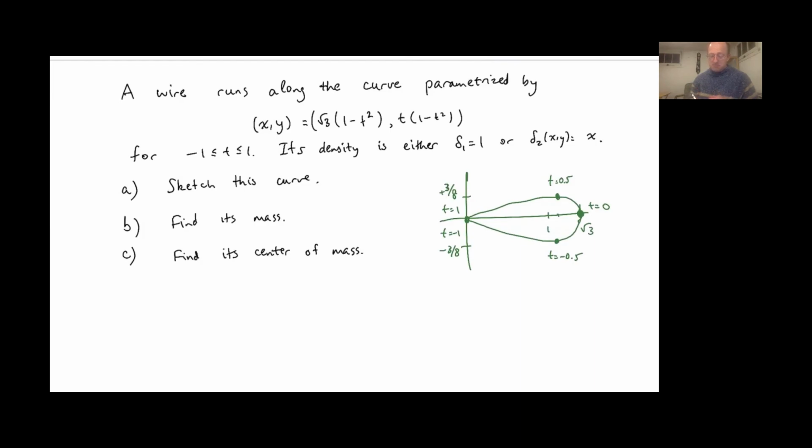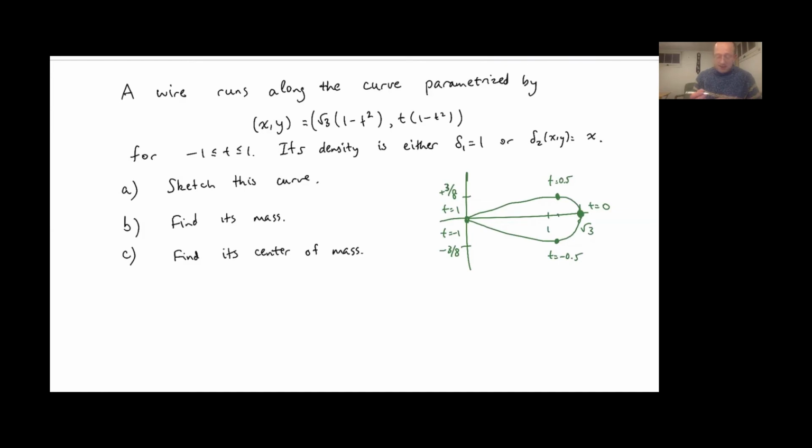So the upper mass is going to exactly balance out against the lower mass. They have the same density and the same shape. So I expect that the center of mass is located on the x-axis. Let's see what we find out when we work it out for real.